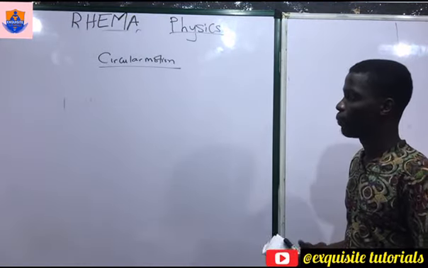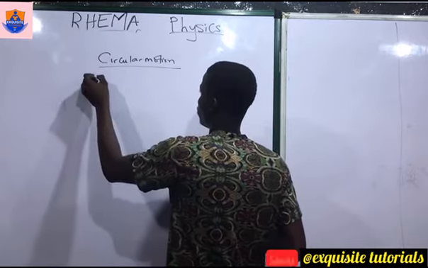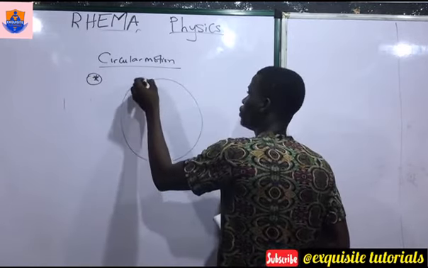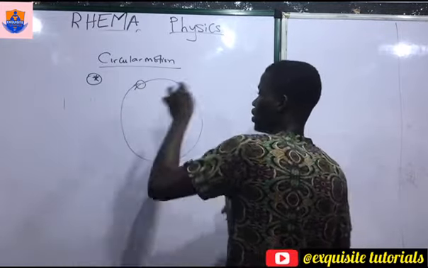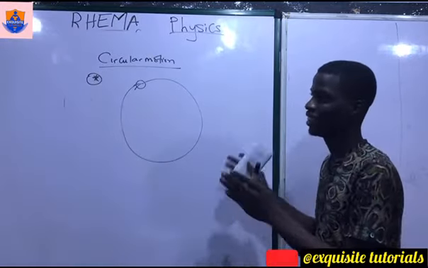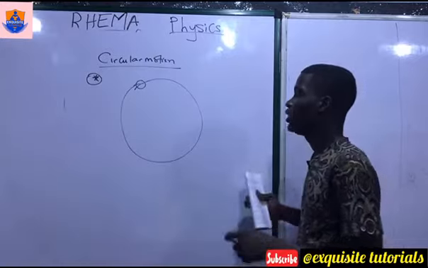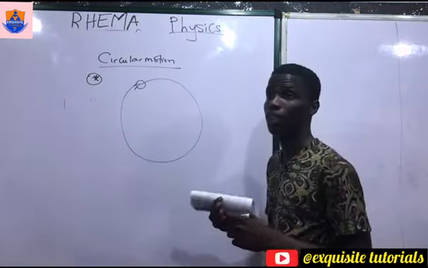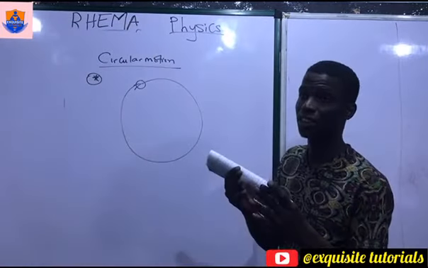So normally in circular motion, there are some points you have to know. Whenever an object is moving in a circle, take note, its distance is just constant, it doesn't change. So its speed at any point in time is constant. That is the distance traveled in a particular time.